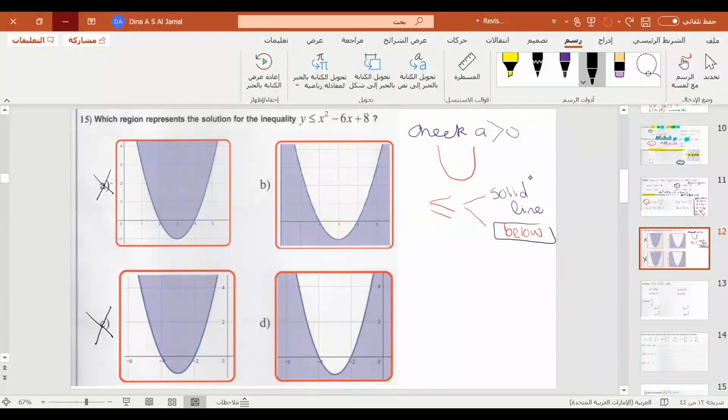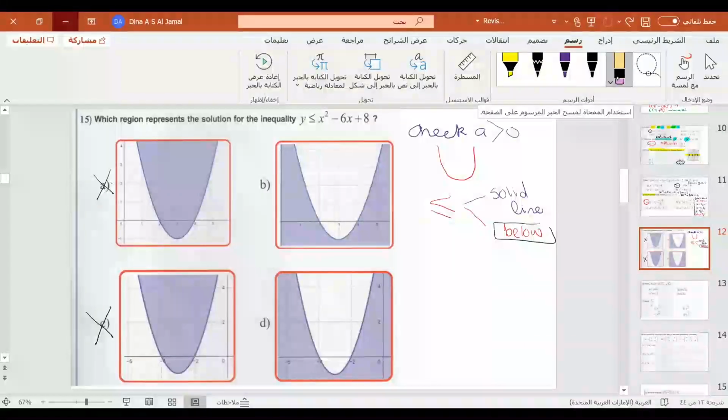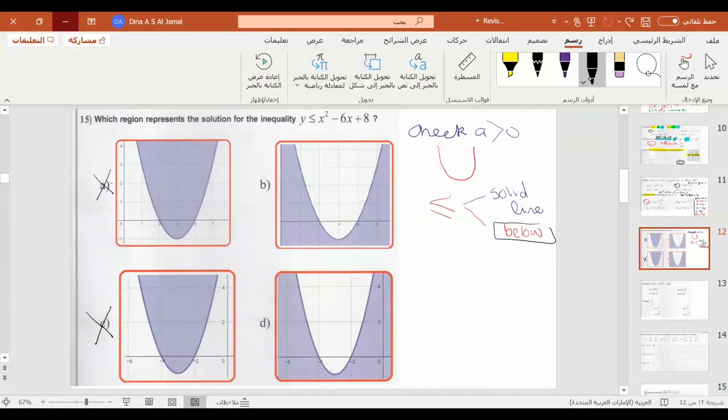So now you will be confused between B and D. And the axis of symmetry here will be 3. And your roots are 2 and 4. Your roots here, minus 2 and minus 4. So I would like you to go and find the roots.